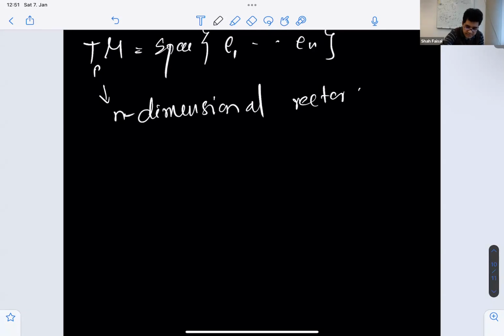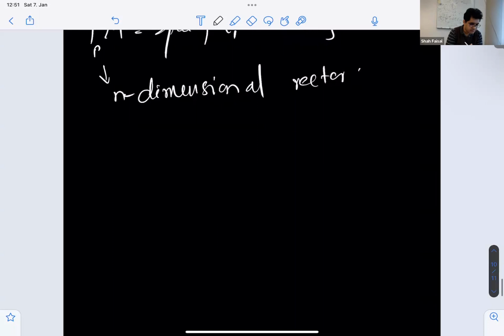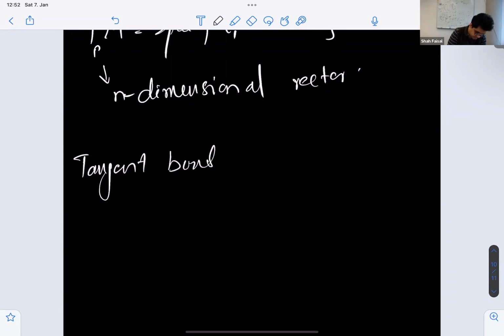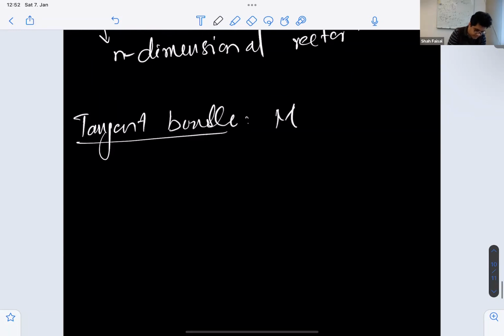So now you have a tangent space to a manifold. You can define a better object called the tangent bundle. If you have a manifold M of dimension n, the tangent bundle is denoted by TM, and it is the union of all tangent spaces.